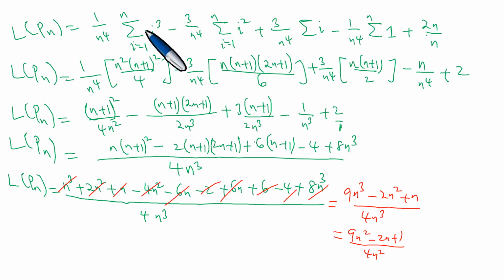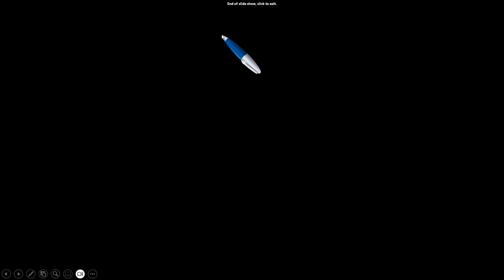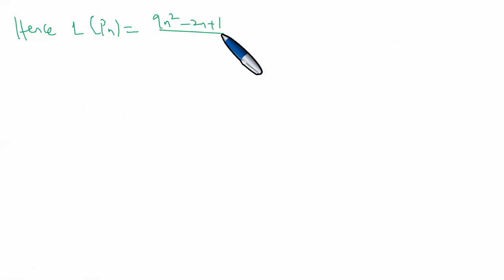Hence, the LPN, we've seen the LPN is this one, 9n squared minus 2n plus 1 divided by 4n squared.